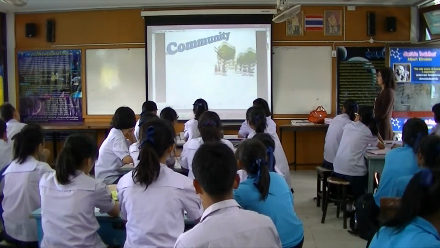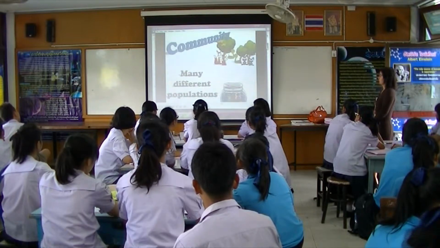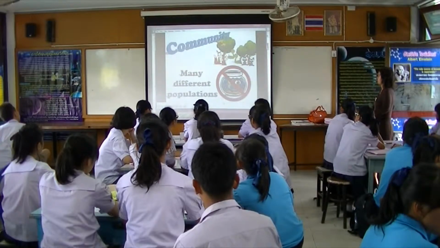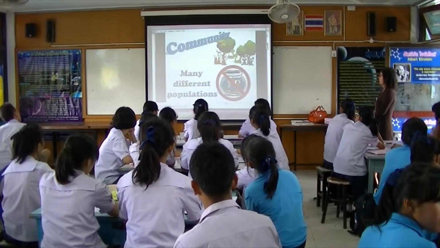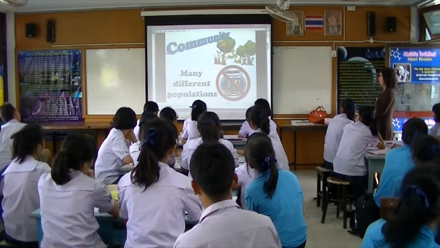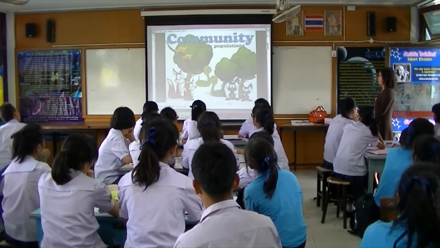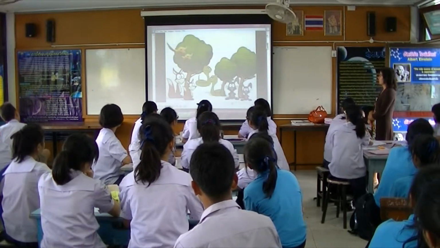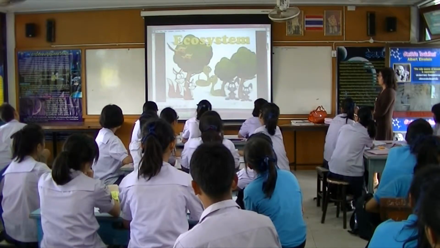So a community includes all the populations in an area. But would a fish tank be an example of a community? No, a fish tank includes living and non-living things. A community has all living things. So to recap, a community is of many populations living together. But if I wanted to make a community into an ecosystem, we'd have to add a few things.